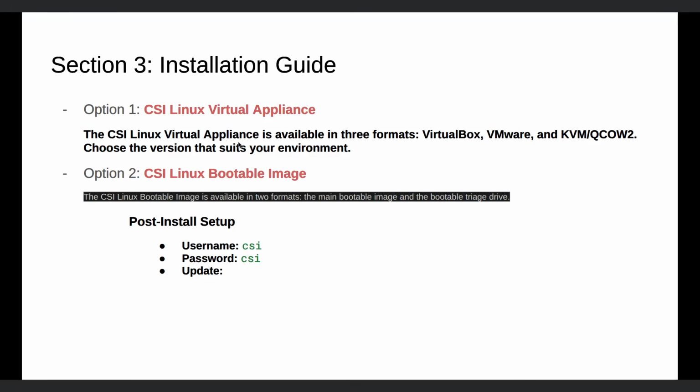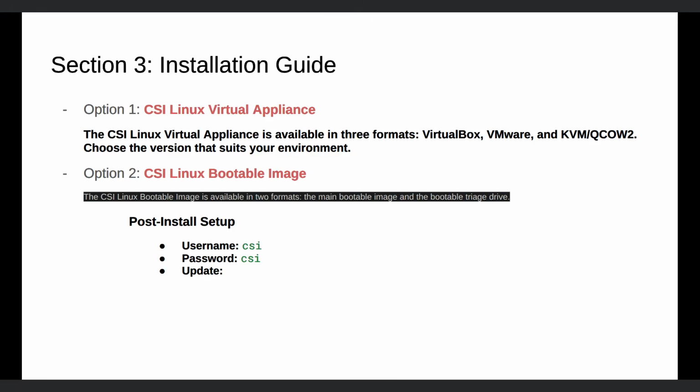You just need to visit the CSI Linux website and download this Linux virtual appliance for either VirtualBox or VMware.